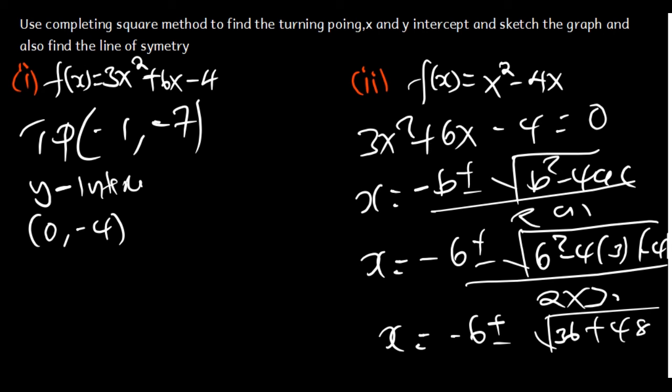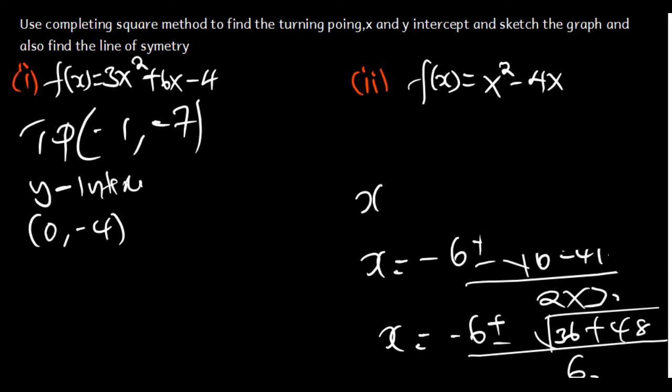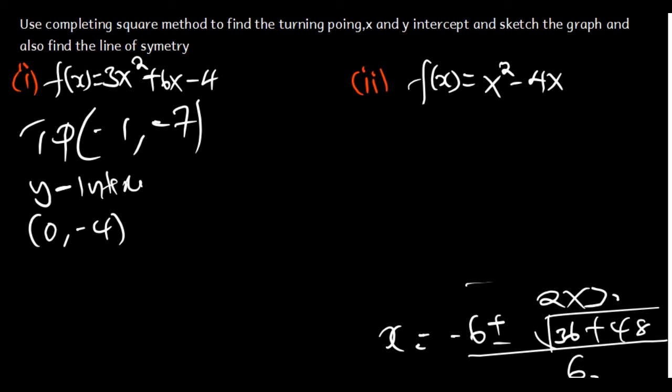Then you have everything divided by 6. Okay, then now what else? We can see that 48 plus 36, we are getting 84. So we're going to have x equal to this, 84 over 6.